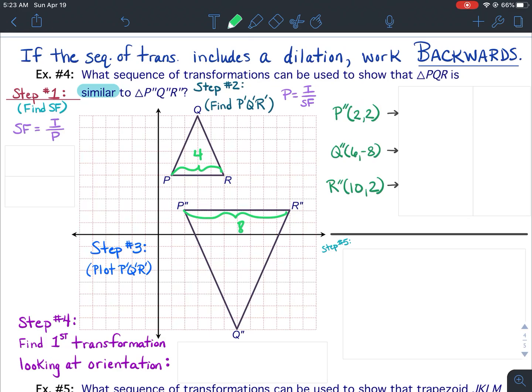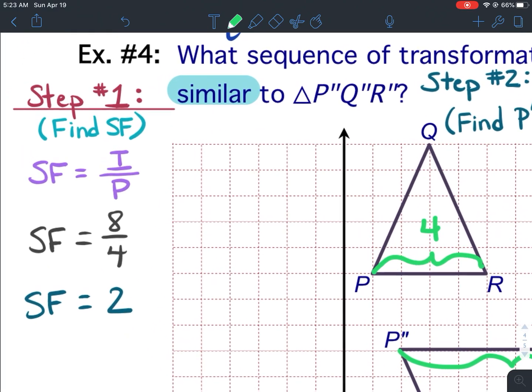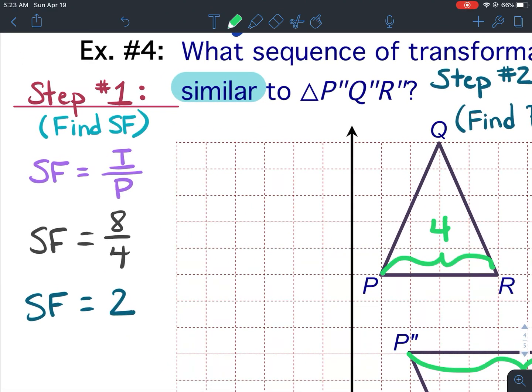To find the scale factor, I would take 8 divided by 4, because 8 is the image, and 4 is from the pre-image. So our scale factor is 8 divided by 4. And what is 8 divided by 4? 2. Okay, so right now, pause your video and get all of that written down.